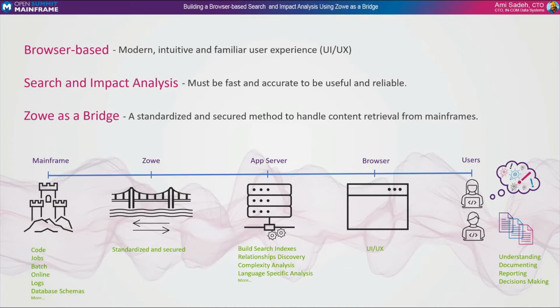We are going to use Zowe to retrieve that information for the application server to process and prepare that information for users to be able to access it from a browser so that they can get understanding, do documentation, create artifacts like reports and exports, and at the end, make decisions.